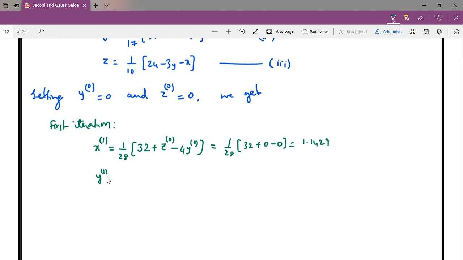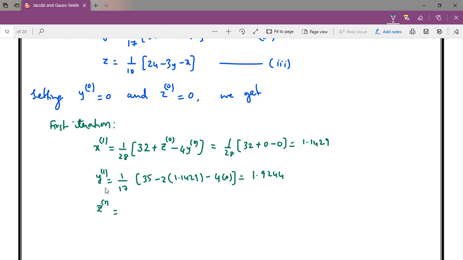So next, while calculating y1, we are going to use x1 and z0. So y1 is 1 by 17 into 35 minus 2 into what is x1, 1.1429, minus 4 into z0, that is 0. Okay, so this gives you 1.9244.